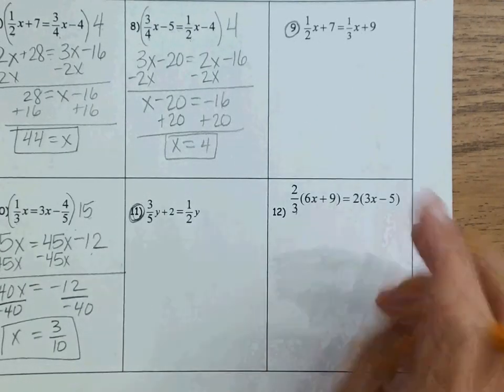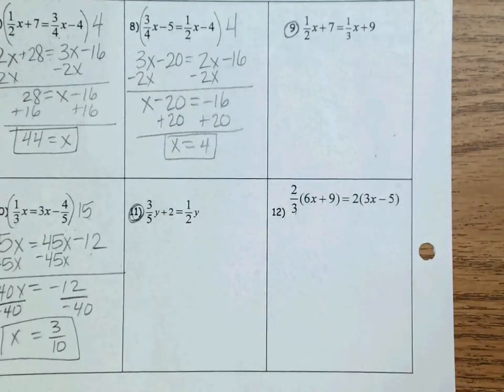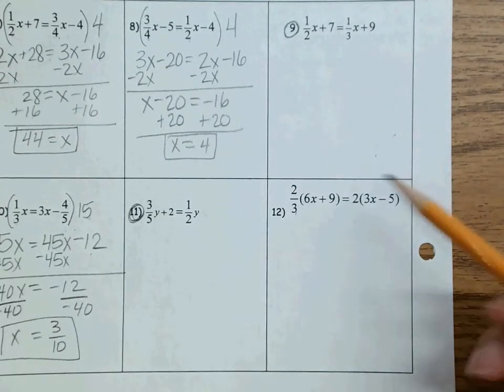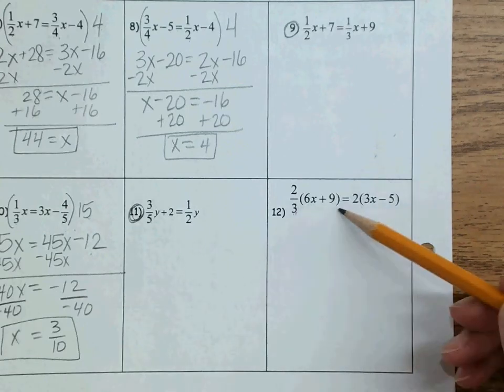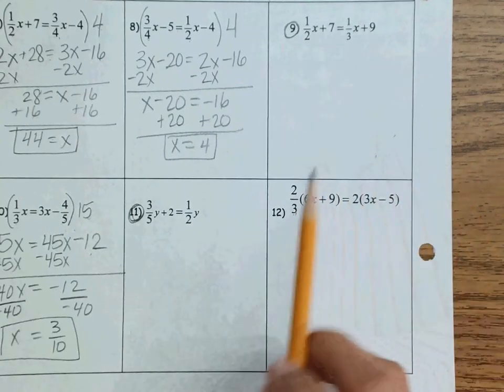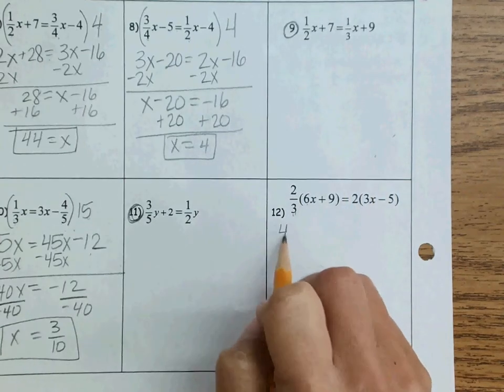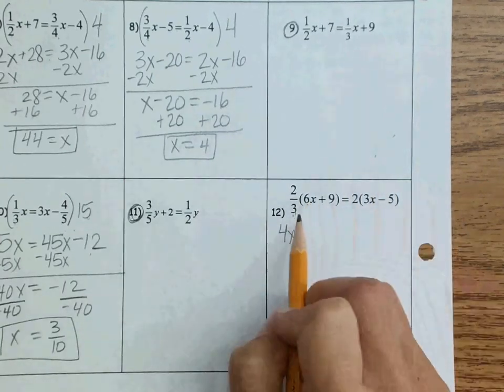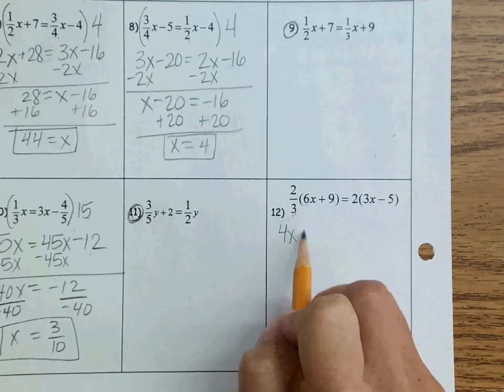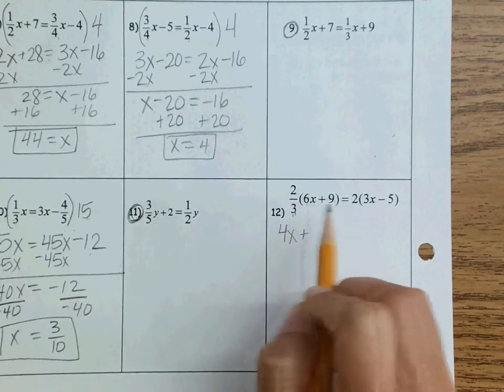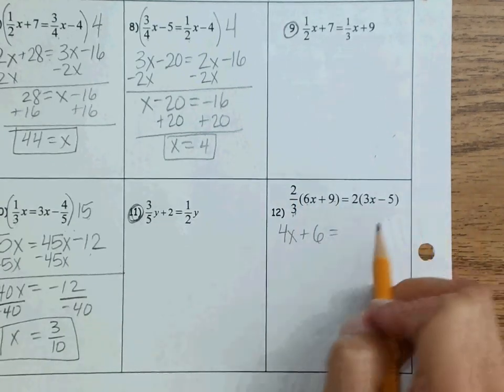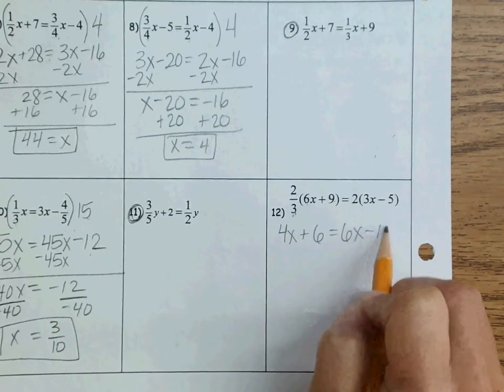So let's distribute, then we'll see if we have any fractions, and then multiply by the LCD. 2/3 times 6: 2 times 6 is 12, divided by 3 is 4. We get 4x. Then 2/3 times 9: 2 times 9 is 18, divided by 3 is 6. I have 6x minus 10.